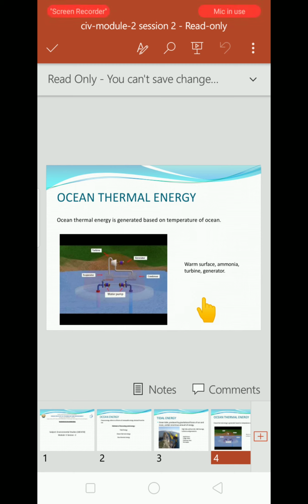Due to the heat produced by the sun, the top surface of the water bodies has a greater temperature compared to the deep water. So, from the difference between the upper and lower water surface, electricity will be generated.